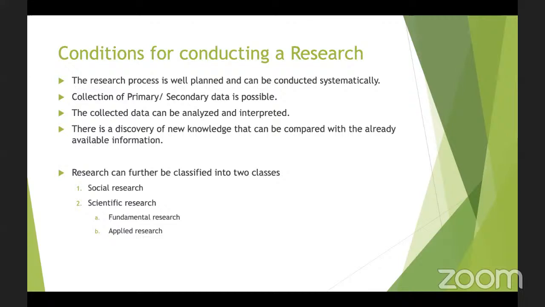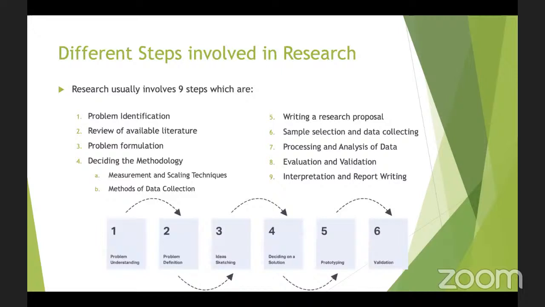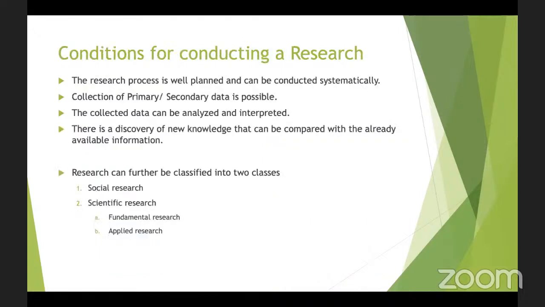This means that research can be conducted on any topic as long as the following few conditions are met. Now, what are these conditions? The first condition is that the research process can be well planned and conducted systematically.